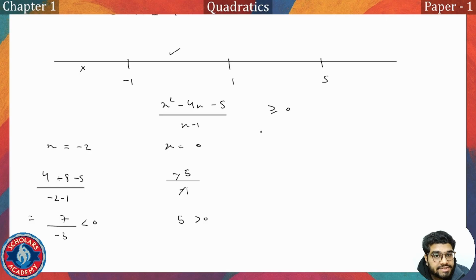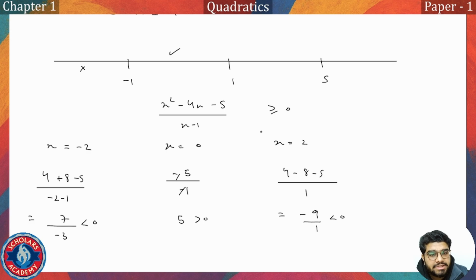Okay, let's check the next interval. x = 2. So again, if I substitute x = 2, what I get is 4 − 8 − 5 divided by 1. So I get −5 and −8 is −13, and if I add 4 I get −9 by 1. This is less than 0.